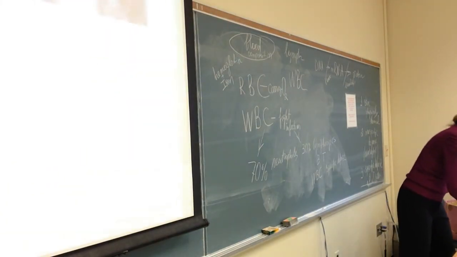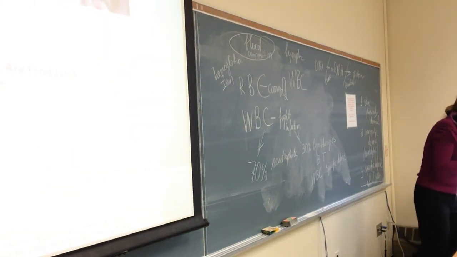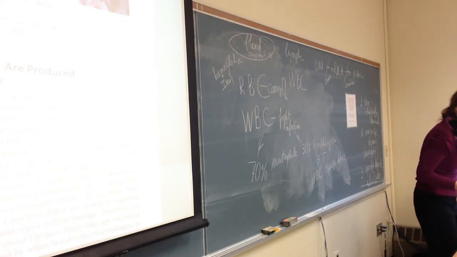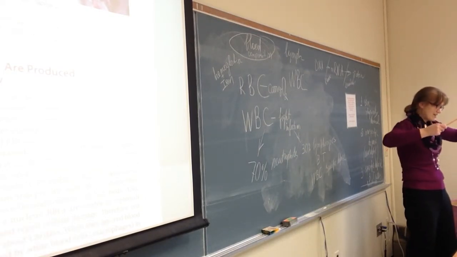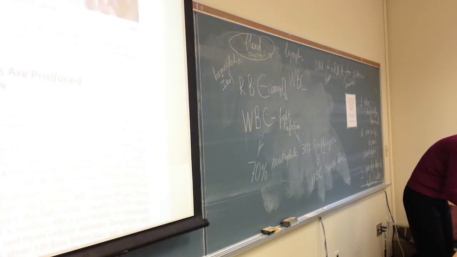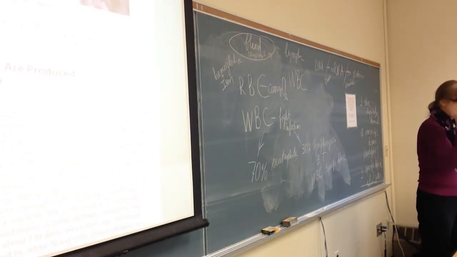Now let me show you a picture of hemoglobin. Okay, here's the iron. Here's the blocks of iron sitting there. And the whole hemoglobin needs to catch iron, and iron catches oxygen. Now, what is sickle cell anemia?